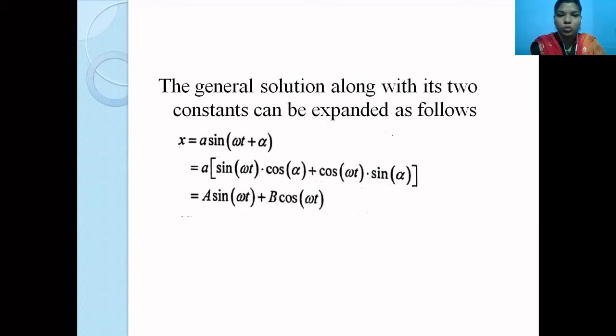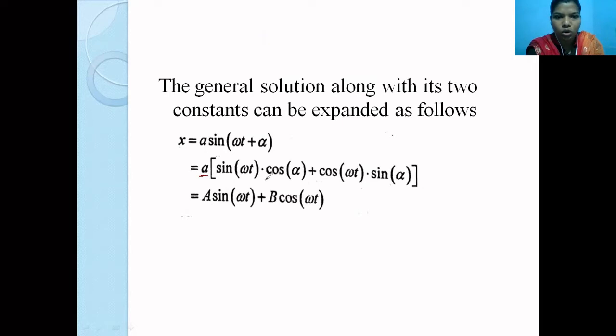So what I am going to do next is write A cos alpha as capital A and A sine alpha as capital B. Just watch how I am replacing it.